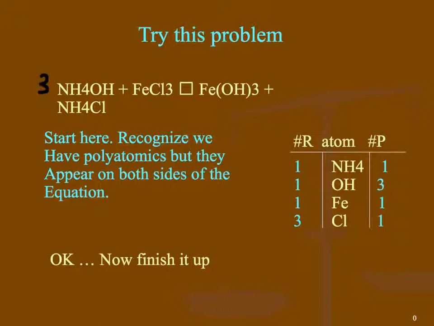So if I go to my product side, or the right side, and I add a 3, then what we end up with is, as we look at our equation, 3 NH4s here, 3 NH4s here, 3 OHs, 3 OHs, 1 iron, 1 iron, 3 chlorines, 3 times 1 are 3 chlorines. So we have finished this, and it is balanced. And this is what our balanced equation would look like.